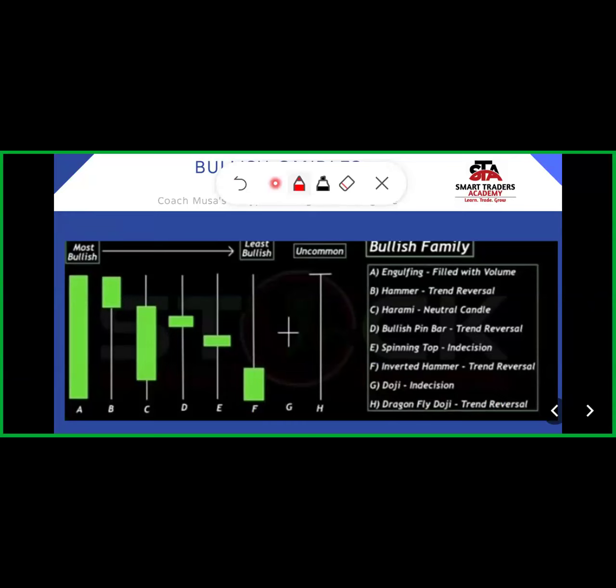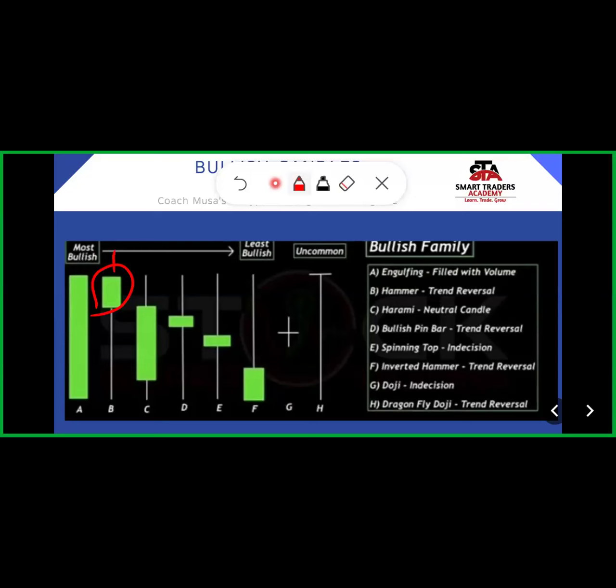Okay, but because you may want to understand, you see this here is a hammer. A hammer, if it is formed around a support zone with a little wick on top, is when it will be referred to as a bullish pin bar.